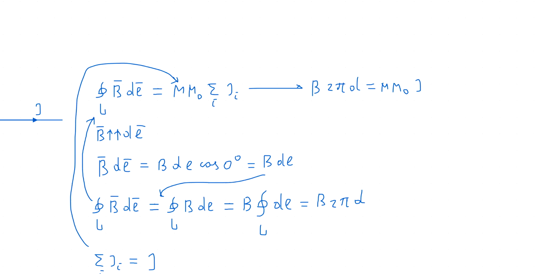Okay, and what will we have next? Next, we will get that the absolute value of vector B is equal to mu 0 I divided by 2 pi d.